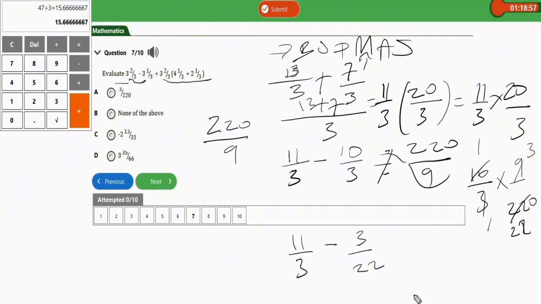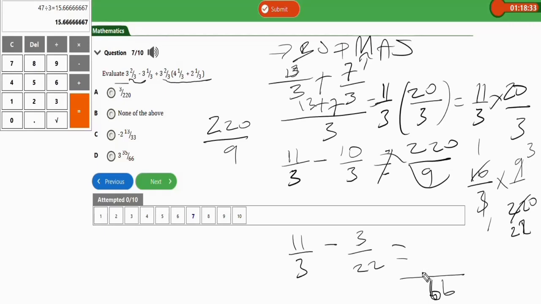So at this junction now, when you break this further, it does take the LCM. So the LCM between 3 and 22 will give us 66. 22 times 3 will give us 66. Okay, so 3 into 66 will give us 22.